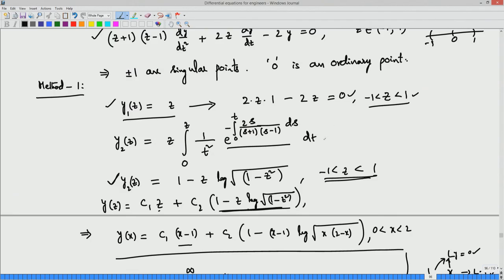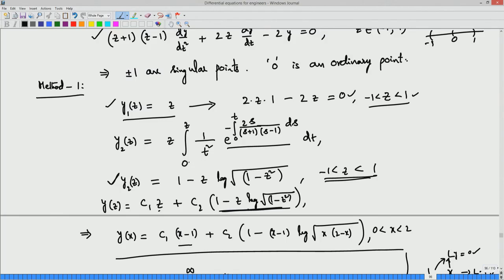While calculating with Abel's formula, I assumed that t is not equal to 0, because I divide by y1 of t square. So, when you are doing it, 0 should not be part of the domain. Otherwise, the integral of 1 by t square has a problem at t equal to 0.